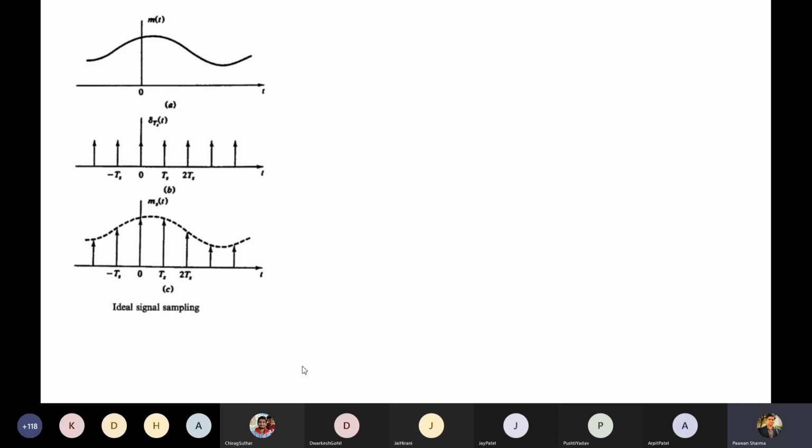Now we have seen sampling, what is the sampling theorem, and then we dive more into how to do sampling, and when we sample, what are the different types of sampling. So one is your ideal signal sampling. So can somebody name this signal?